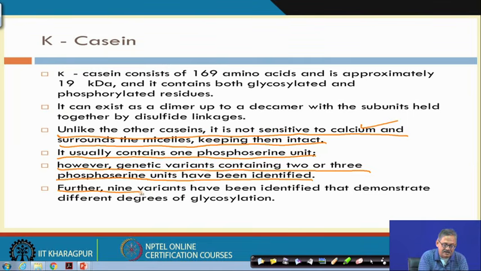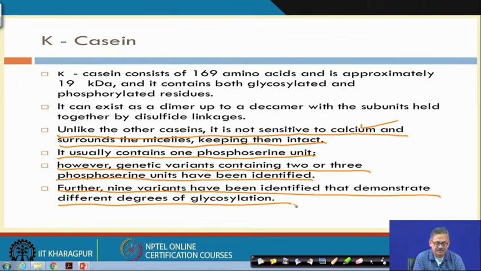Further, 9 variants have been identified that demonstrate different degrees of glycosylation, right.